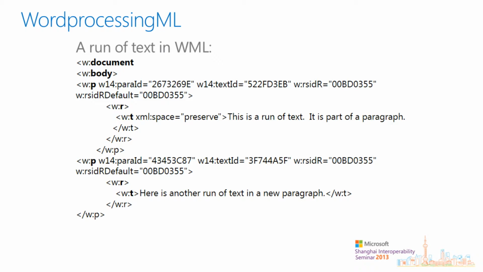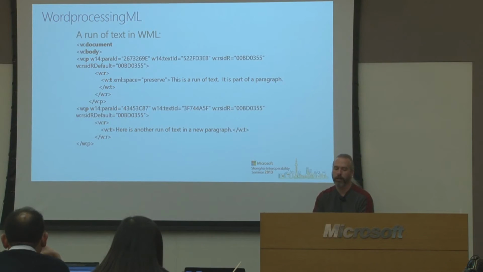We can see a body, which defines the beginning of the body of the document. And then we have things like P and R and T. These are paragraph elements, runs, and text elements. So it's fairly simple to look at and get a feel for where things are in the document. It's not like the binary file formats.